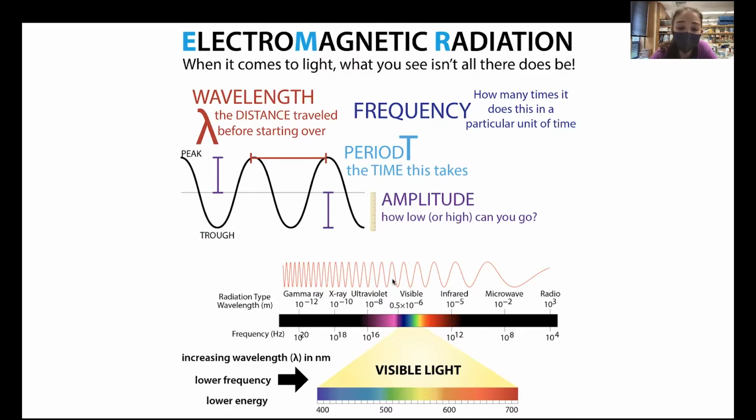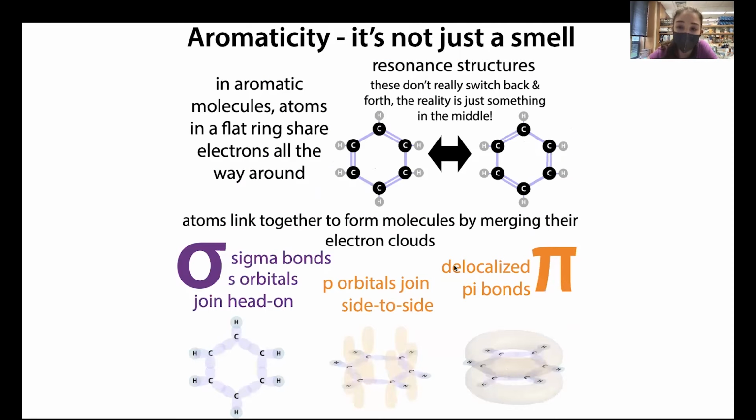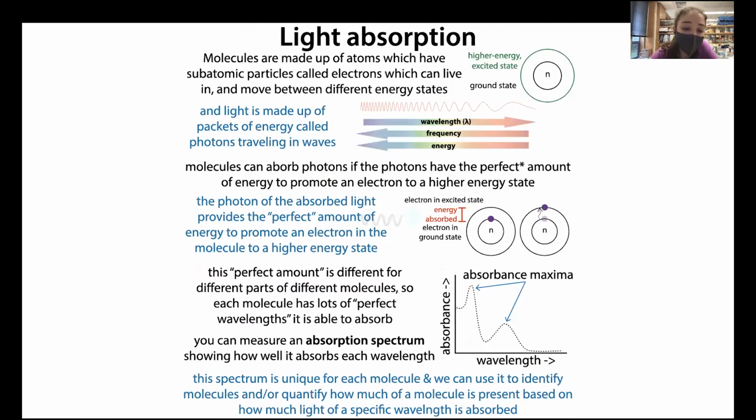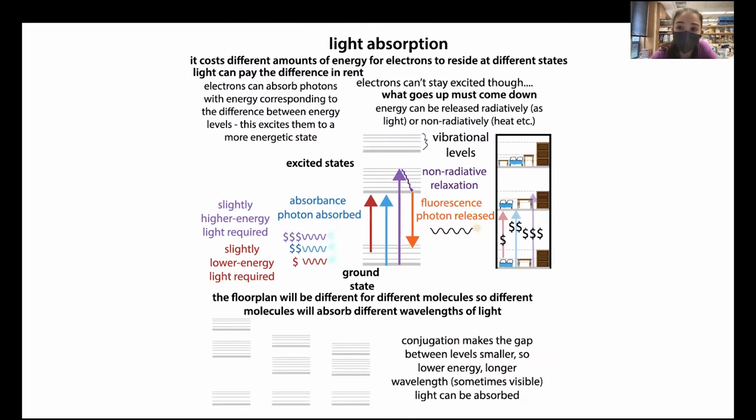But when you have that conjugation, this sharing of electrons, this delocalization, such as in an aromatic ring, it's going to decrease the difference between these levels and make it easier for the light to be absorbed.